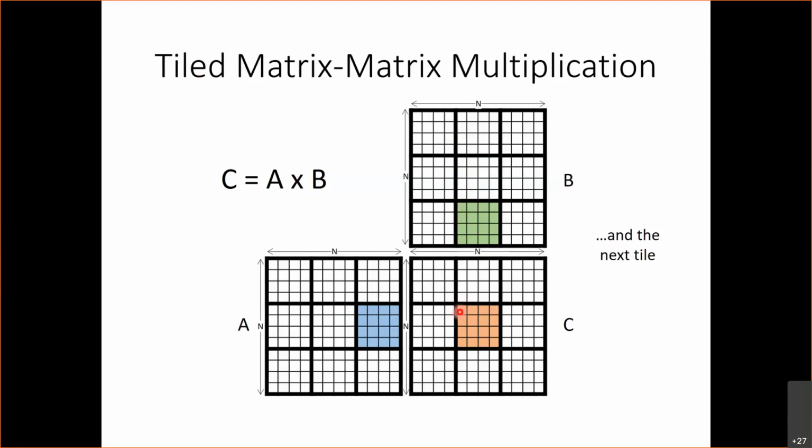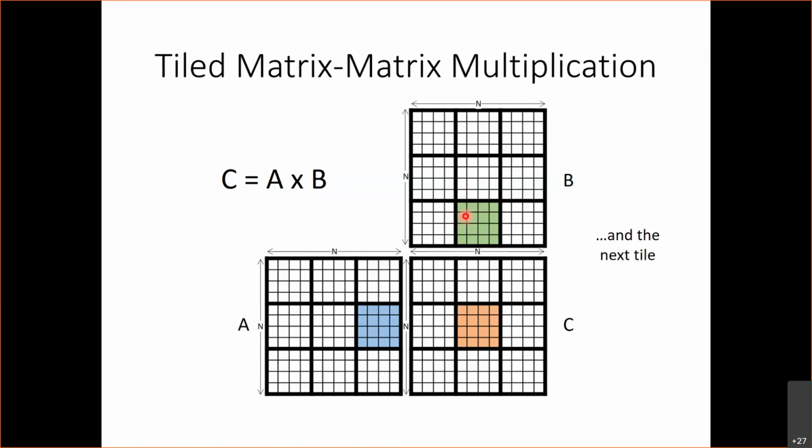Right. So thread 0,0 in the thread block is going to load element 0,0 within the tile. That's why we use the thread index.y to figure out which element to load.